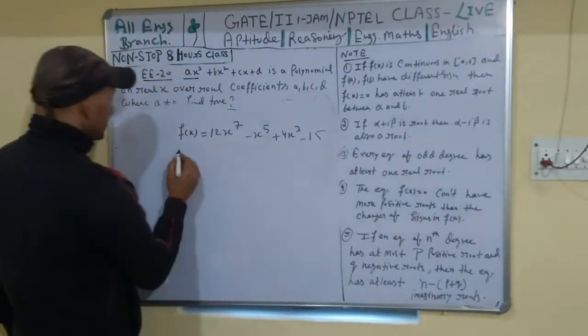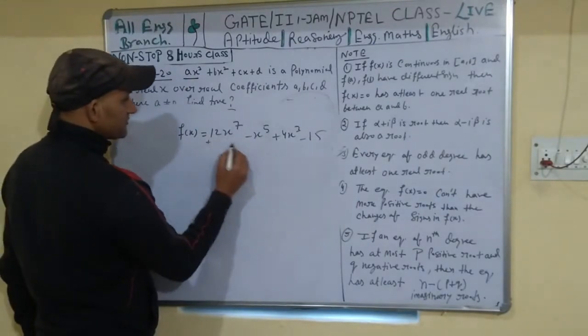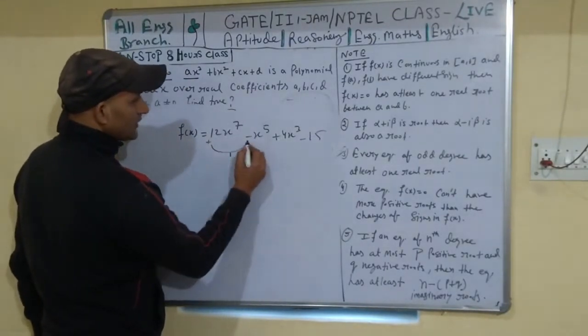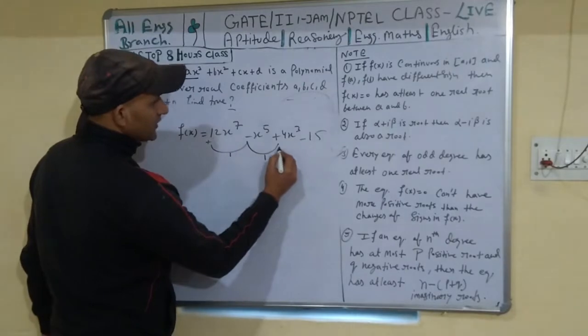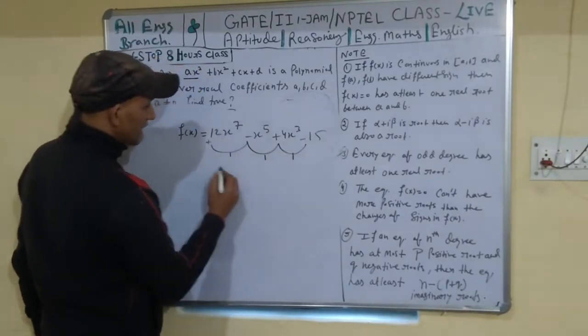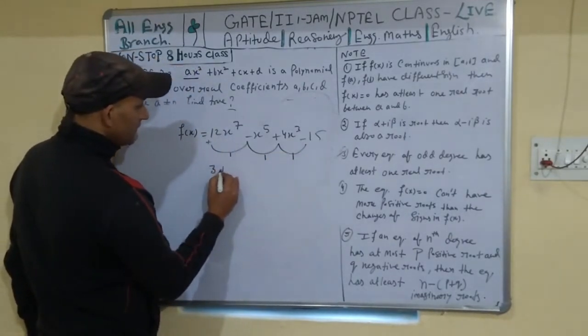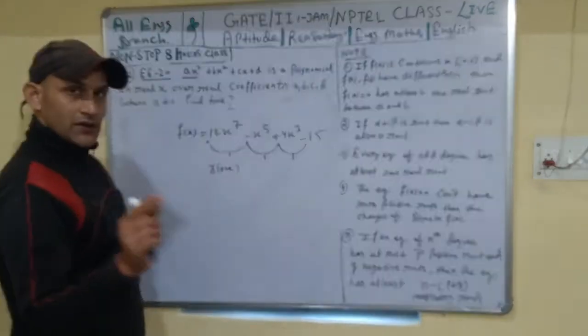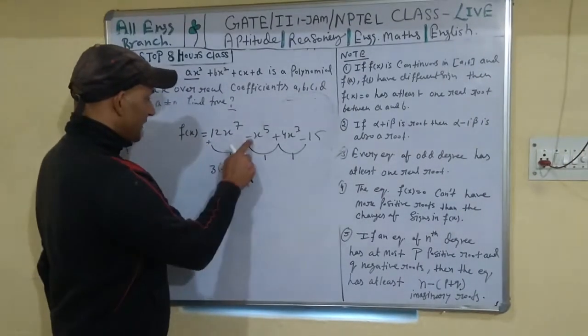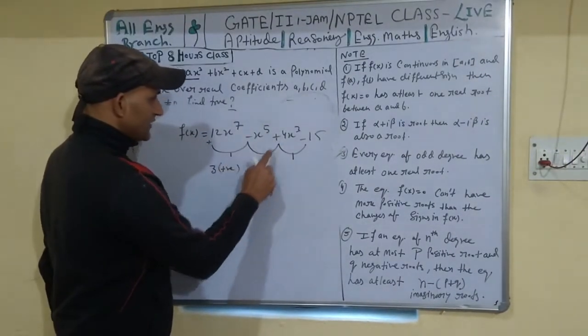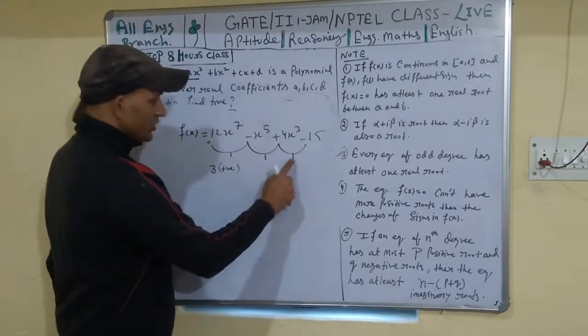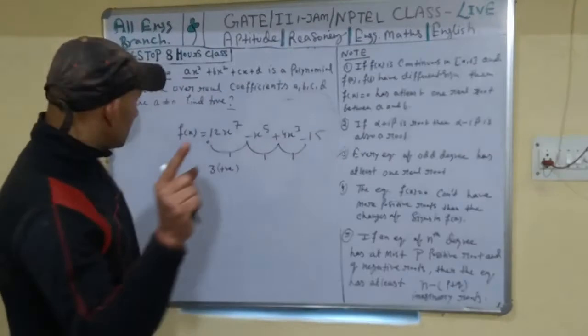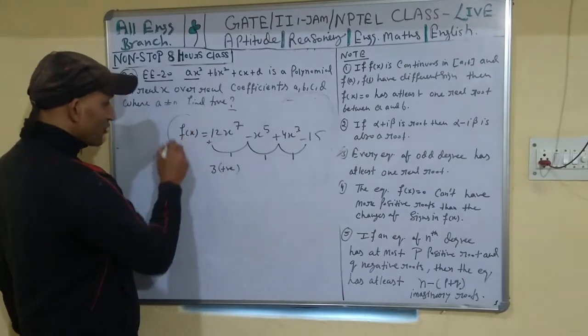So f of x, this is positive, this is negative, 1. Minus plus, this is 1, and plus minus, this is 1. Change of sign: plus minus 1, minus plus 1, and plus minus 1. So there are a total number of 3 change of sign for the positive roots.